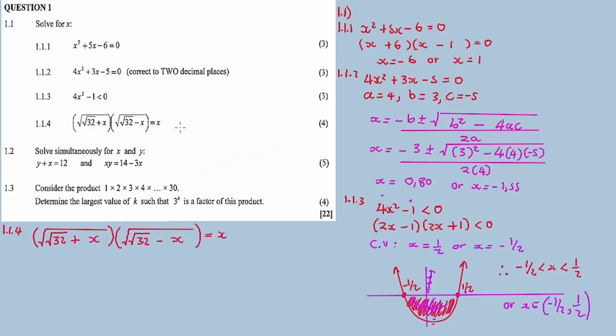It's a bit confusing sometimes. There are two square roots here, bracket number 1 and bracket number 2.